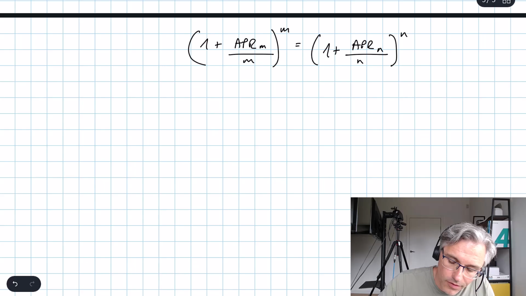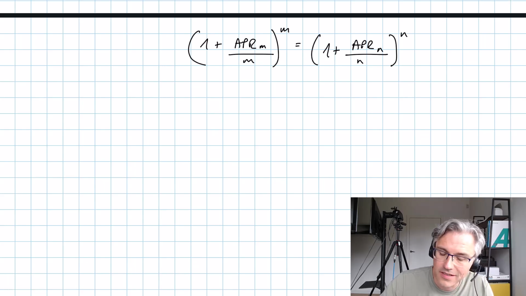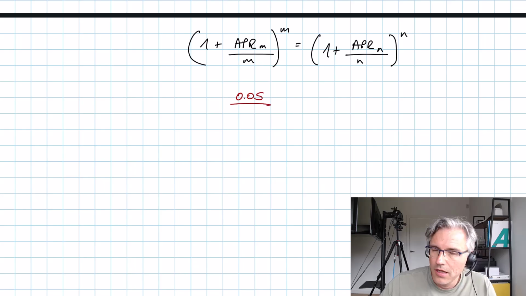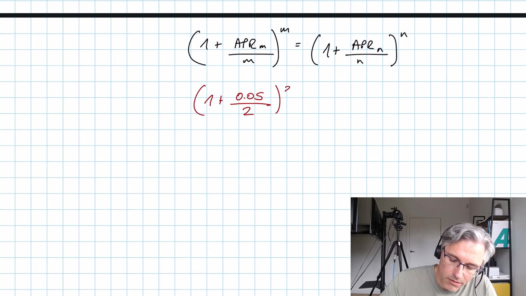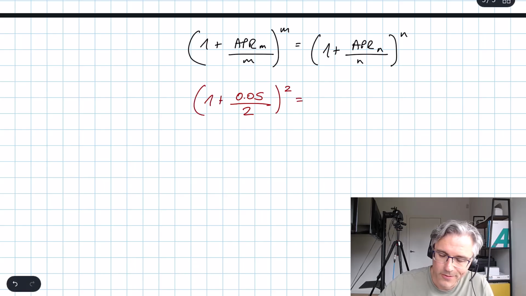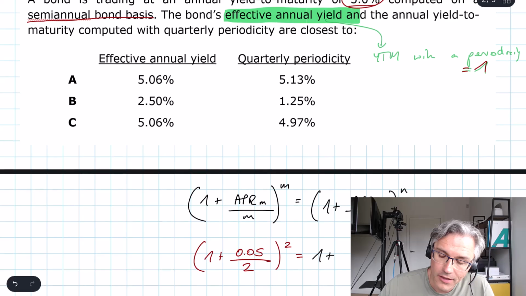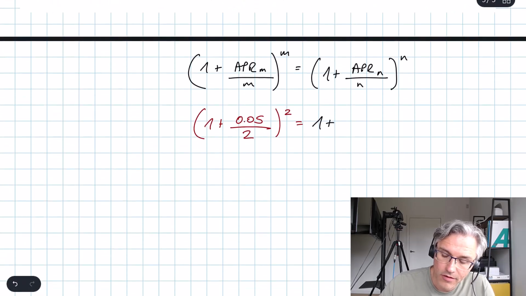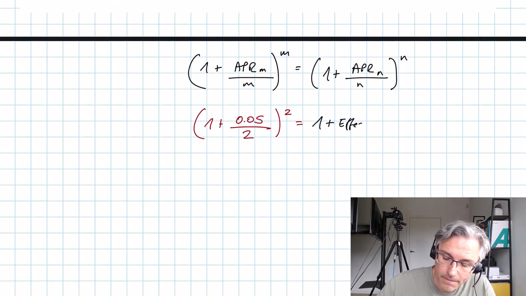If I know that 5% is the yield on a bond, so 5% expressed in decimal format, a semi-annual bond yield, meaning with a periodicity of 2, then 1 plus this to the power of that is the same as 1 plus the effective annual yield with a periodicity of 1.